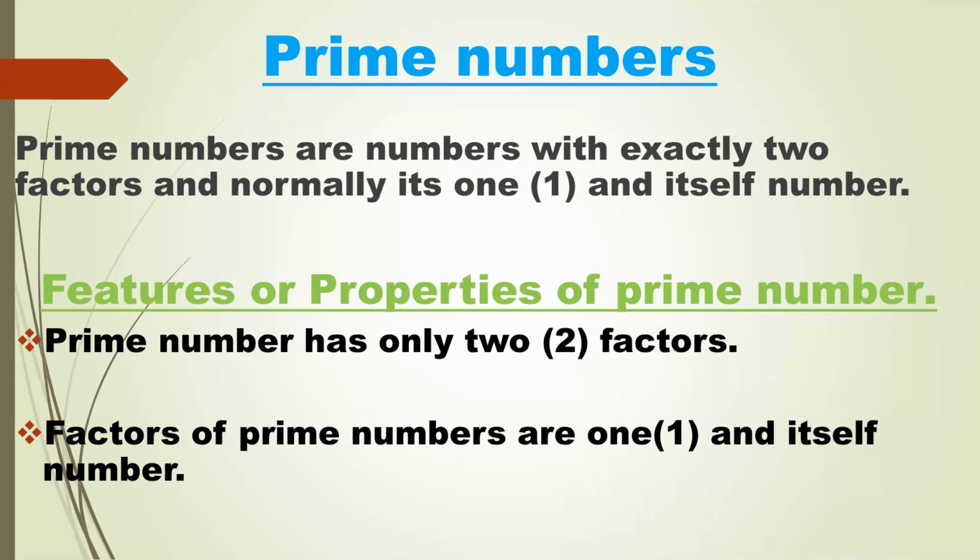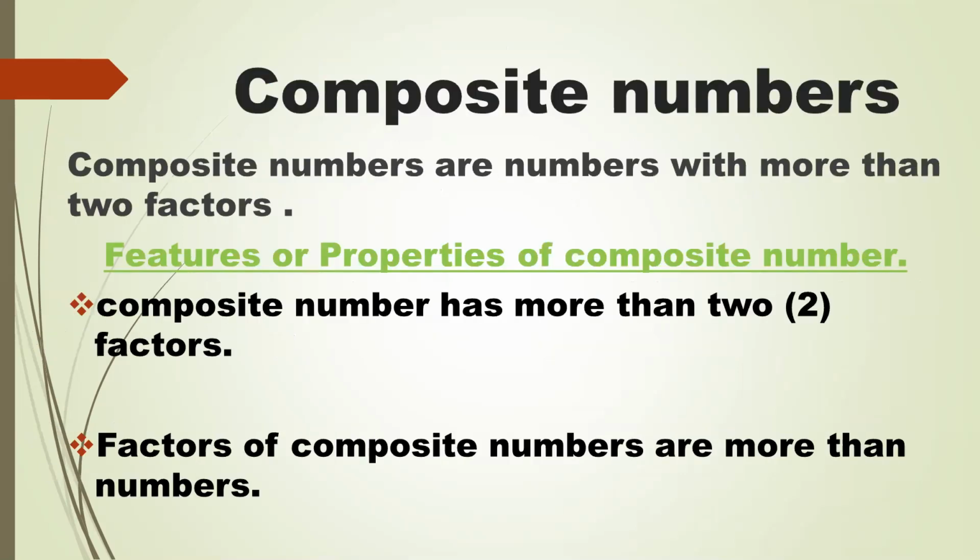So you list the factors of any number that you want to identify as prime or not, and then you check whether the numbers that can divide that particular number are two. If the only numbers that can divide a given number are 1 and itself, then that number is a prime number. Okay, so let's see the other slides here.